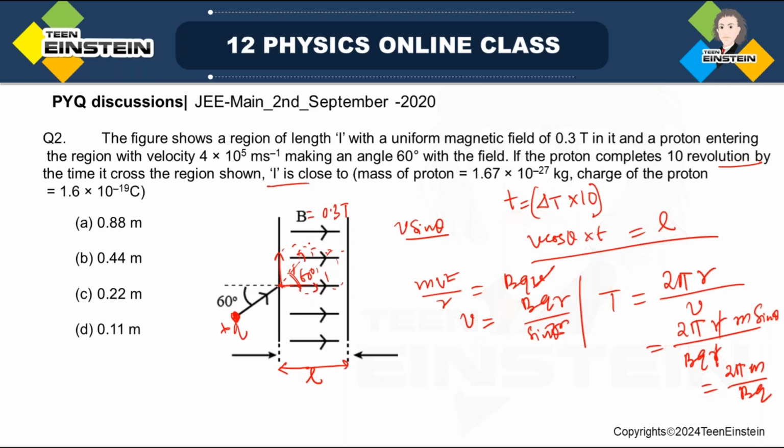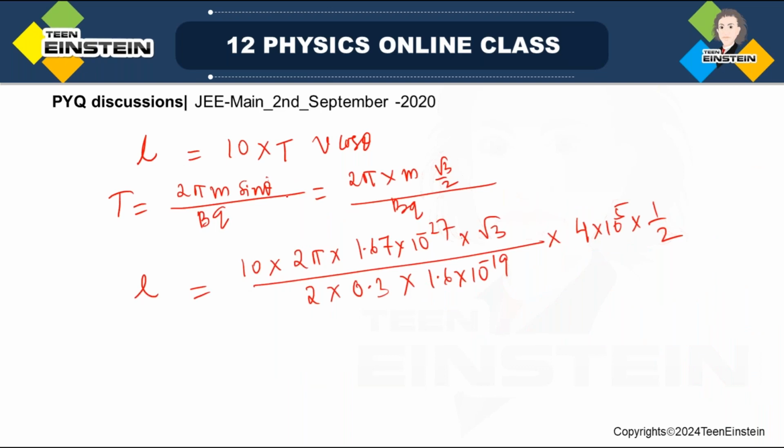We had to find out actually L. Okay, just a minute. I think see, finally we get a formula for T is this: 2 pi m by Bq. We need not bother about this sine theta. I think that is an extra term which is not required here. Other things are okay.